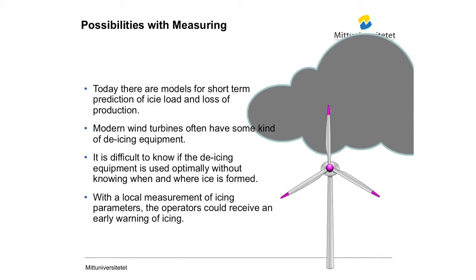But to know when or where it is actually formed, we need a local measurement of the icing parameters, so that these operators can receive an early warning of when it should actually happen. And also the forecasts and the models that we use for prediction can, of course, be improved with this feedback.